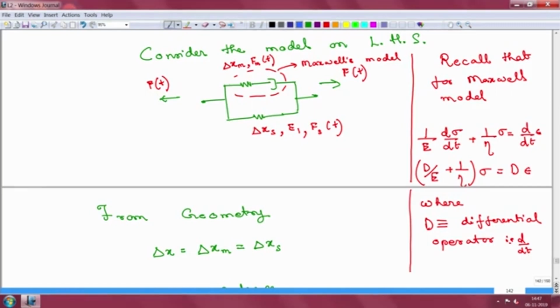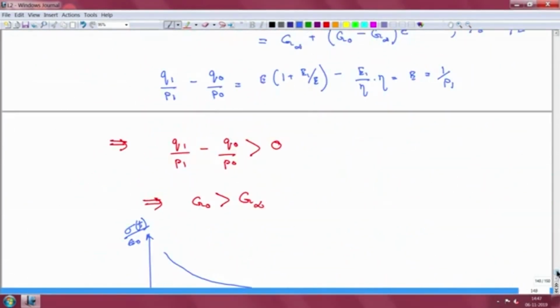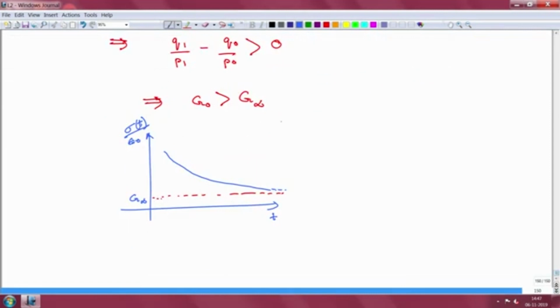So, this has to be a solid like situation, and that is exactly what we have found out, that this behavior does satisfy that of a simple solid or a viscoelastic solid.